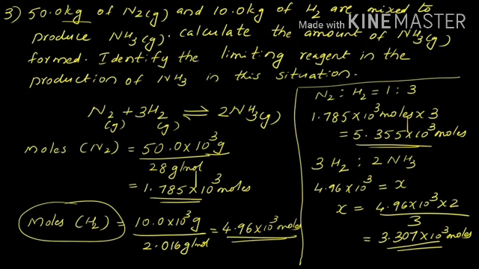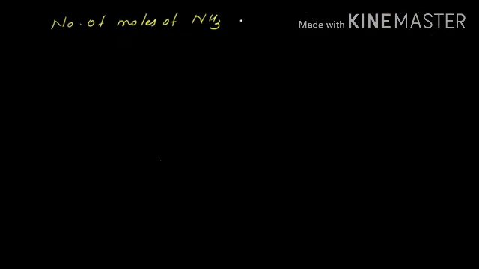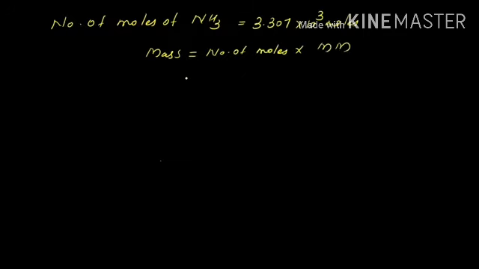Number of moles is equal to mass divided by molar mass, so mass is number of moles times molar mass. The number of moles is 3.307 × 10^3, into the molar mass of ammonia, which is 17 grams per mole.